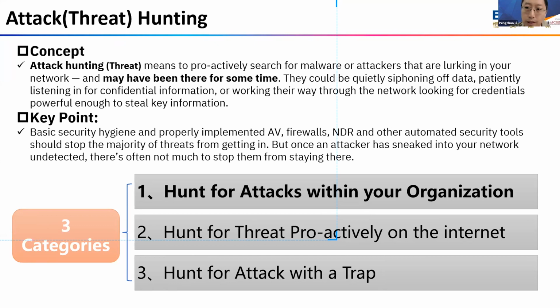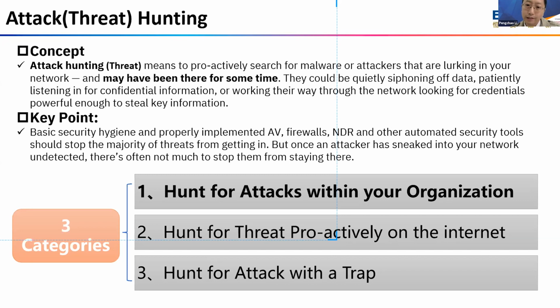There is one point I want to emphasize, that the attack or threat has been there for some time. Especially in the APT context, attack hunting usually assumes that attacks already happened. Although some security solutions can detect attacks, it's a serious question how to stop attackers from staying there.